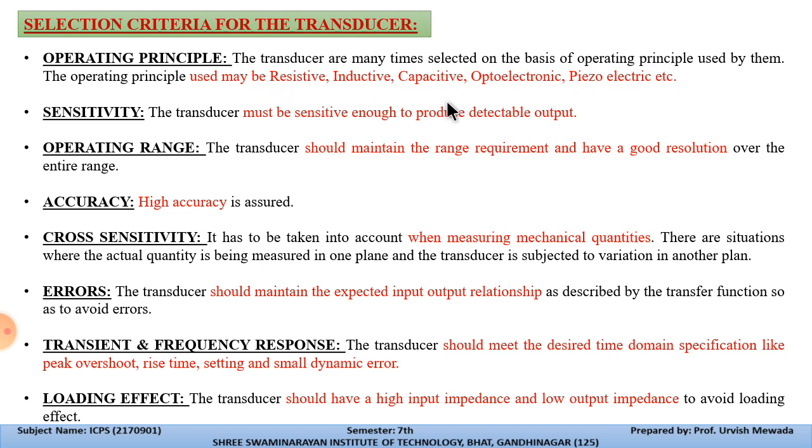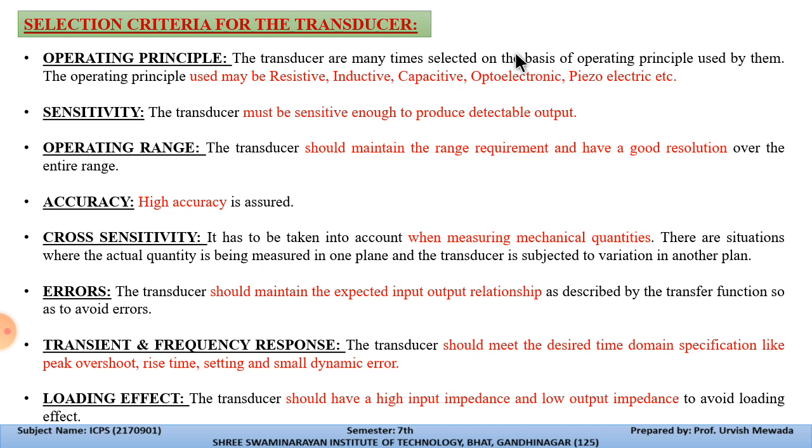First of all we should know the operating principle, because then we have an idea which physical quantity to give as input, and what the nature of the output will be.